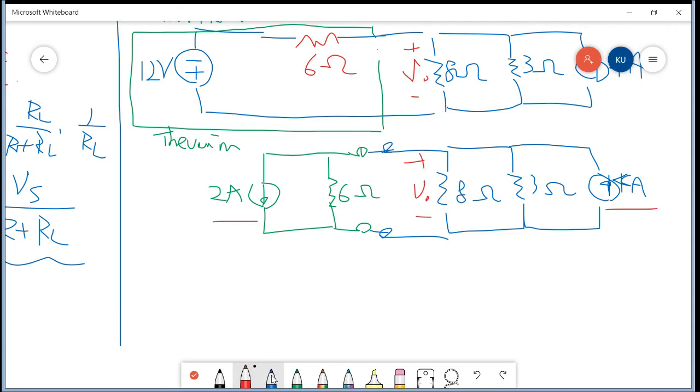So when we add them together, it becomes 4 minus 2 equals 2A pointing upward. This 4 is pointing upward, this 2 is pointing downward, so minus 2 here.